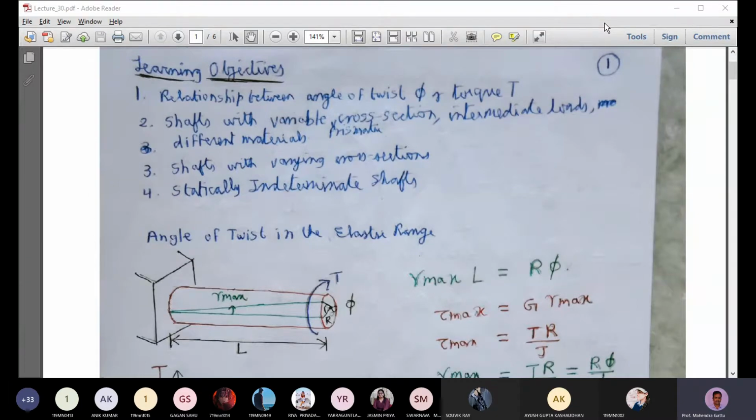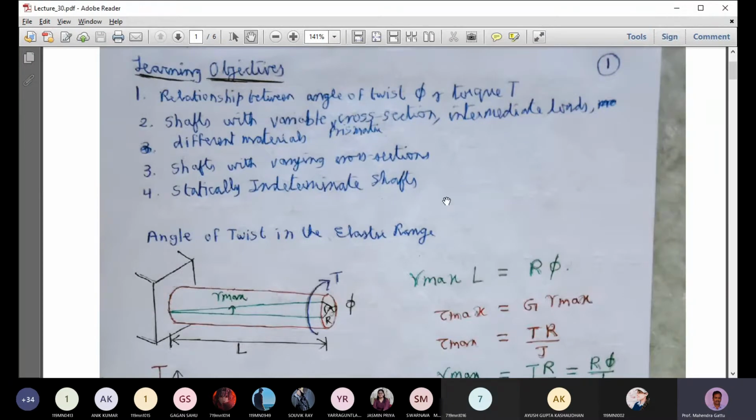We found that the shear stress is also varying linearly. The maximum shear stress occurs on the outer circumference, and that value is given as tau is equal to T r by J. J is the polar moment of inertia. Okay, so we solved some problems.